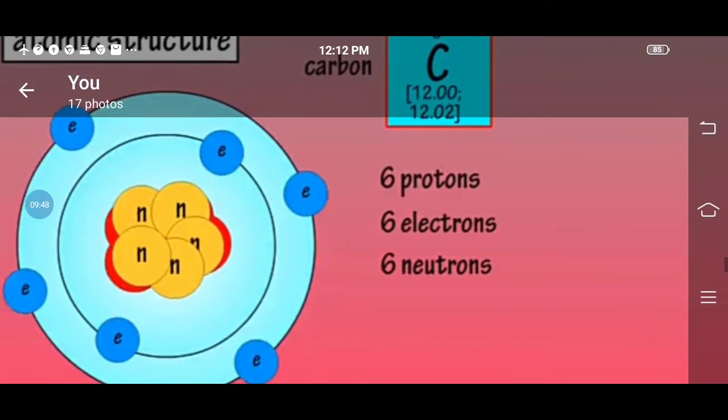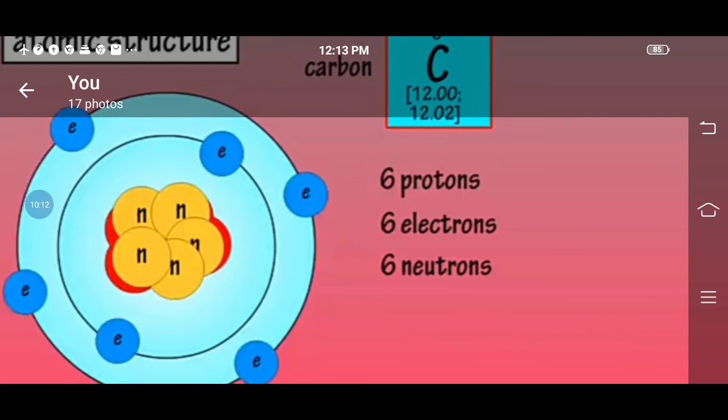So in carbon there are only 6 electrons. In the first orbit there are 2 electrons, which means the first orbit is completely filled. Coming to the second orbit, there are 4 electrons, totally 6 electrons.